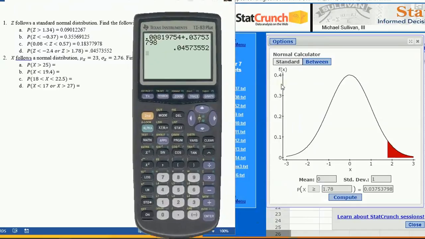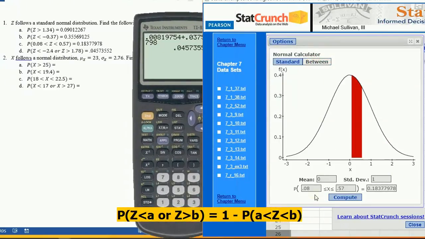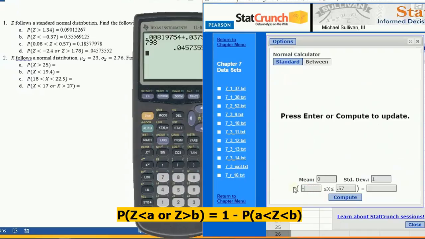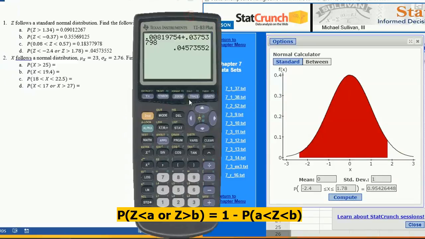Another way you can do it is to use the between calculator and put in the two values, negative 2.4 and 1.78. Now this is going to calculate the area between, but because you know that the total area under the curve, the total probability, is 1, you can find the area out in the tails by subtracting this from 1.